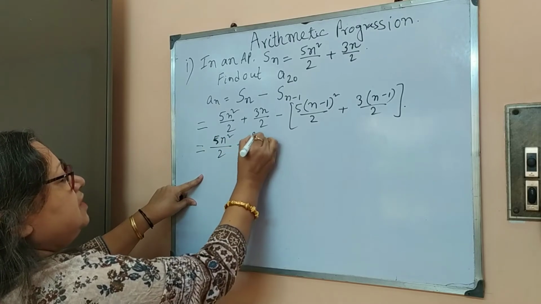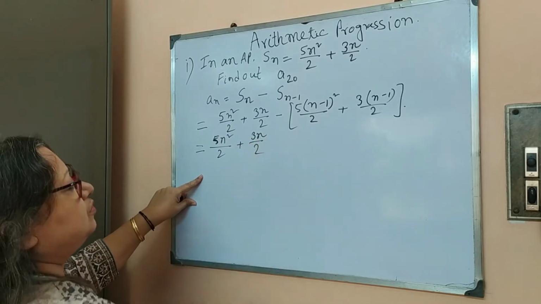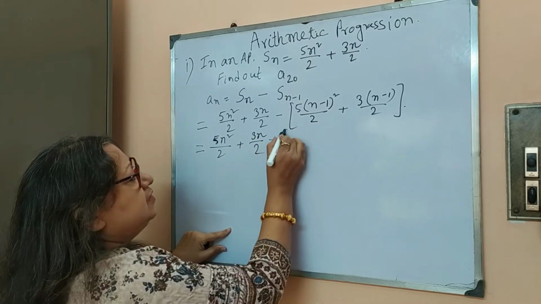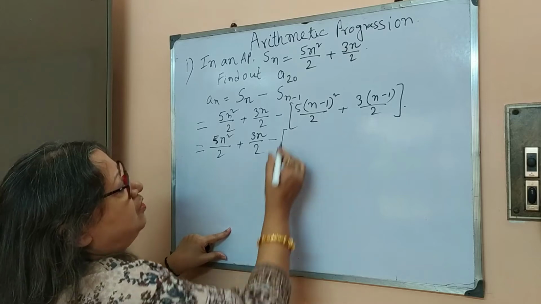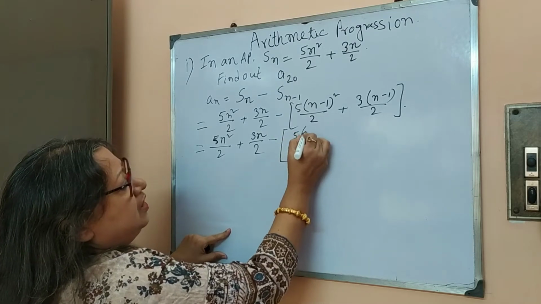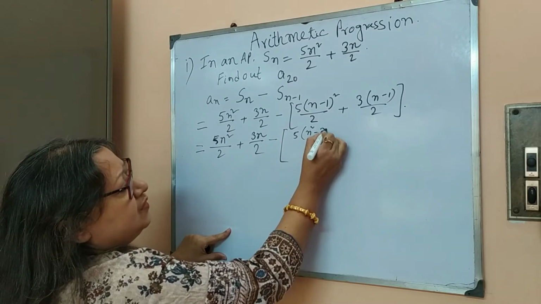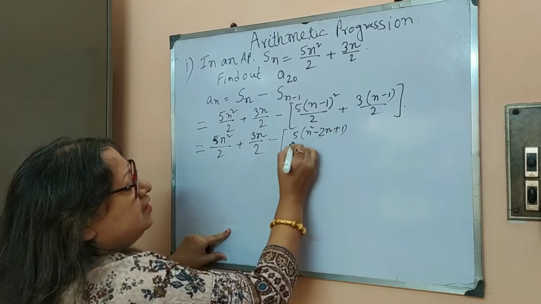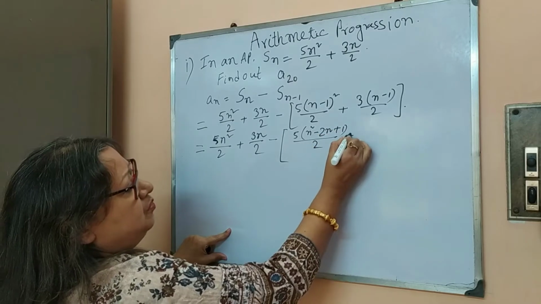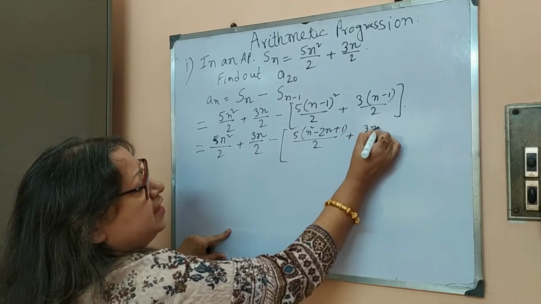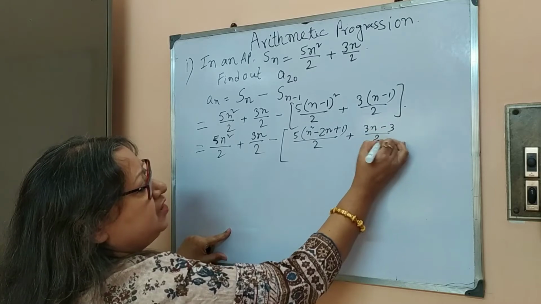Okay. This is equal to 5n square by 2 plus 3n by 2 minus 5 into n square minus twice n plus 1 by 2 plus 3n minus 3 by 2.